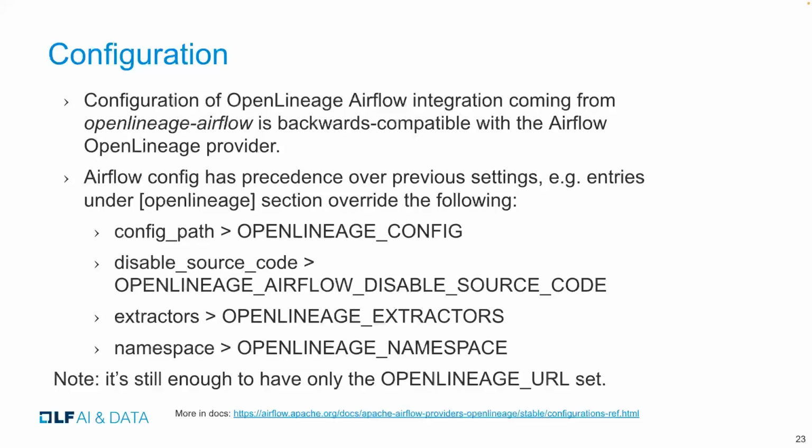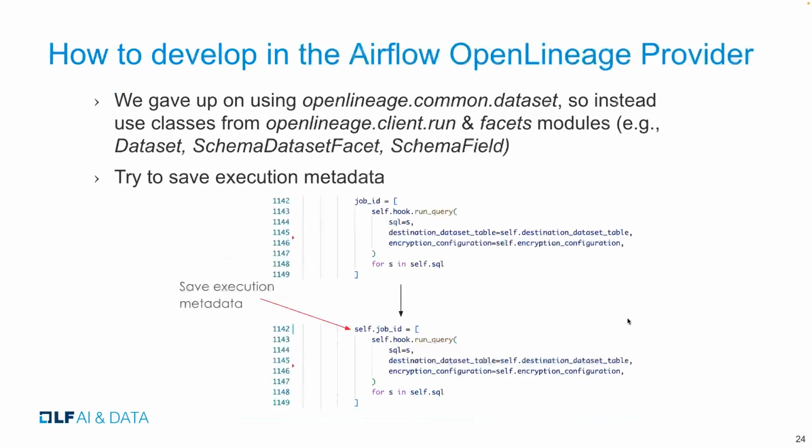It's still the same. I wouldn't like to explain this here. It's all in the docs. But that's just some examples of how it works right now. I can refer to the docs, where you can find the reference for configuration.